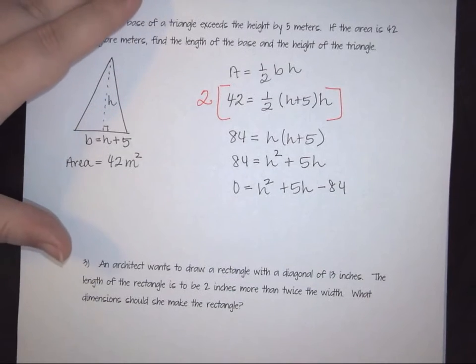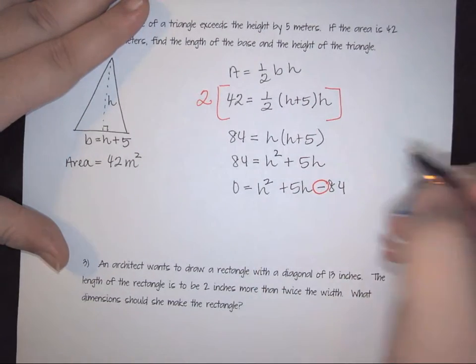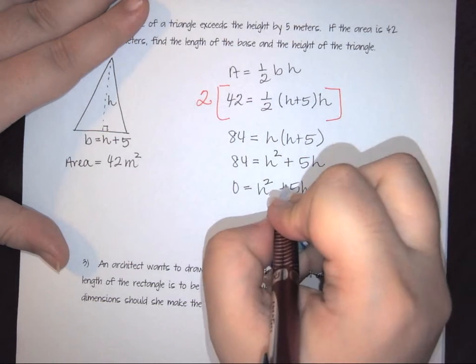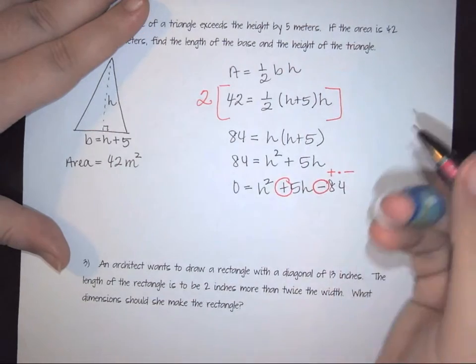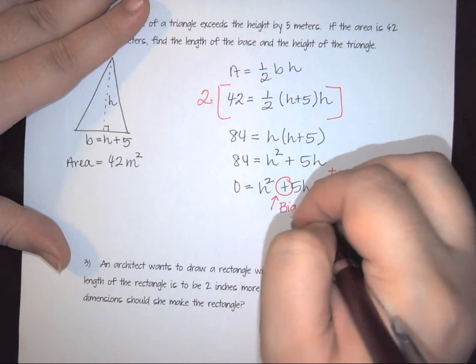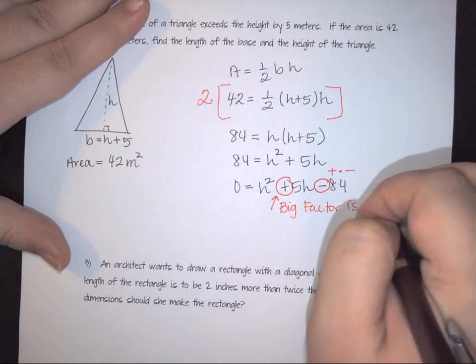Again, pay attention to the information we have. So again, this tells us we're going to use positive times negative. And this front one tells us here that the bigger factor is positive.